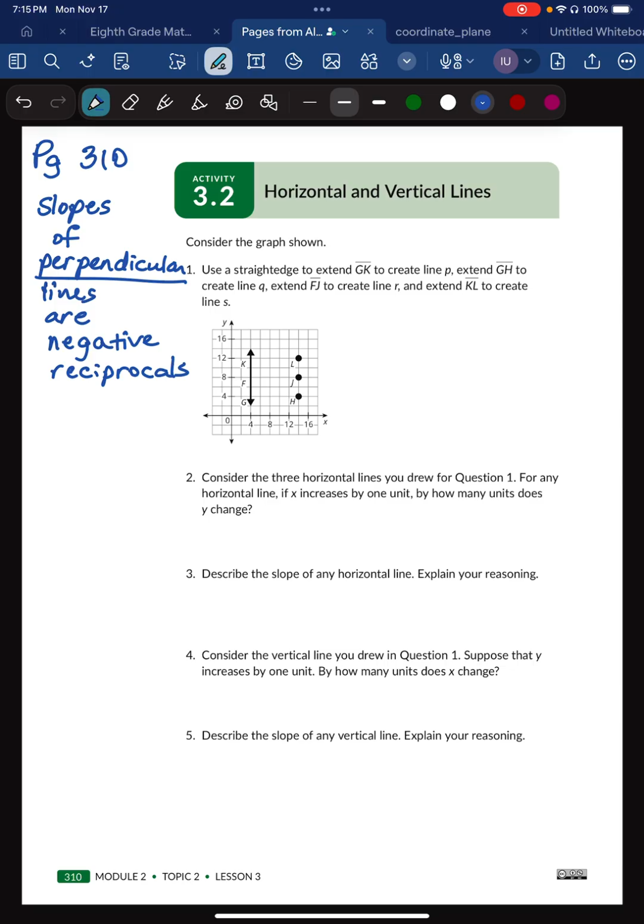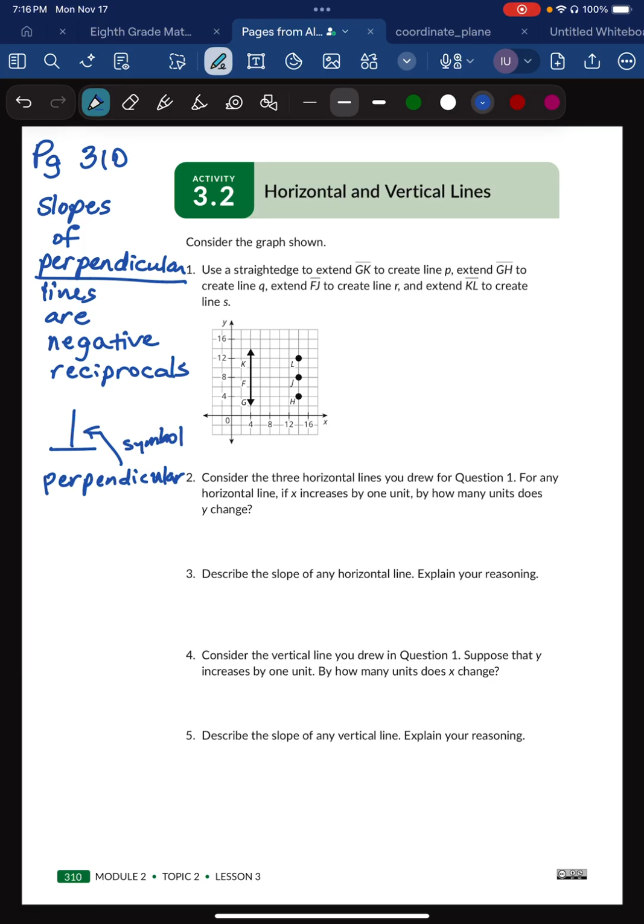Also, sometimes when I write perpendicular, I'm going to abbreviate it with the geometric notation. And when you see this, that means perpendicular. So sometimes instead of writing out the whole word perpendicular, that's the symbol. Okay. So you can use that.